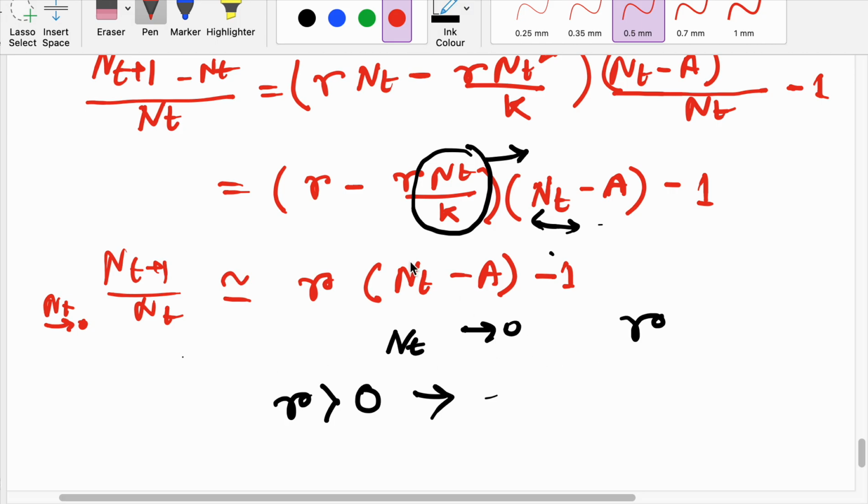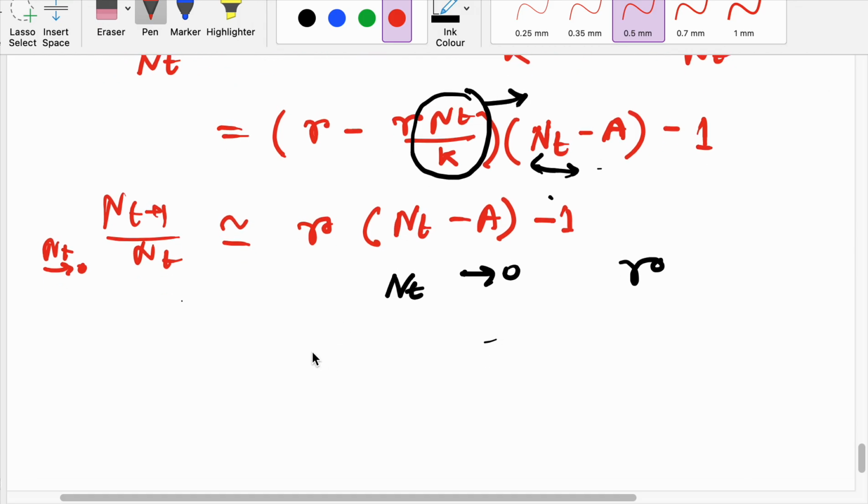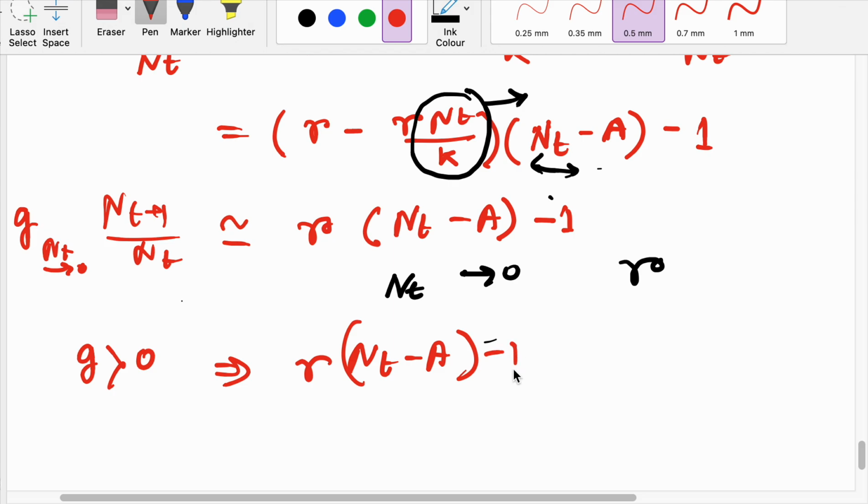So the growth rate g will be greater than 0 if r nt minus a minus 1 is greater than 0, meaning nt is greater than 1 by r plus a.